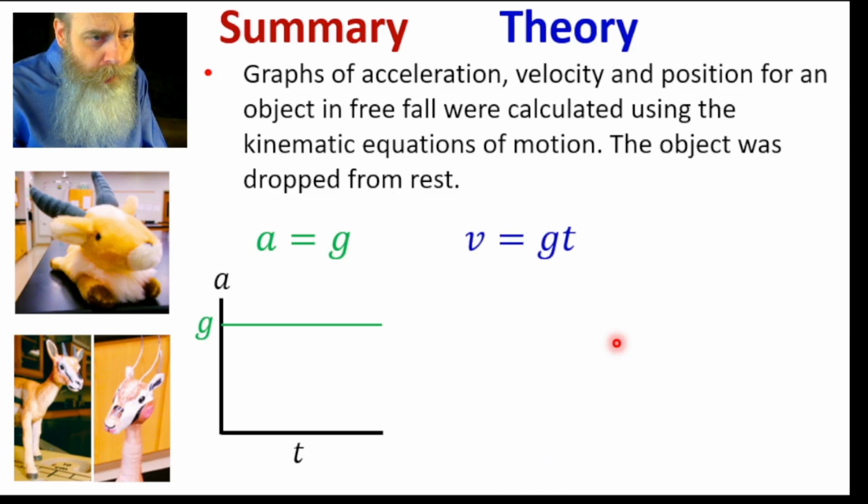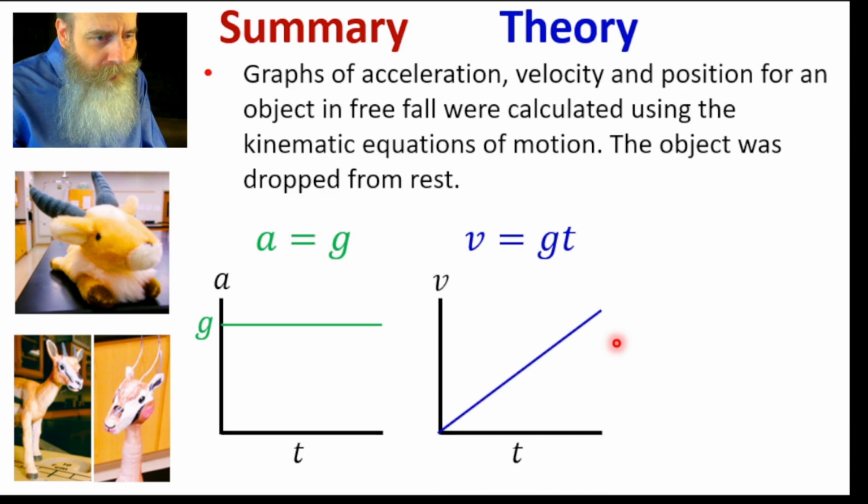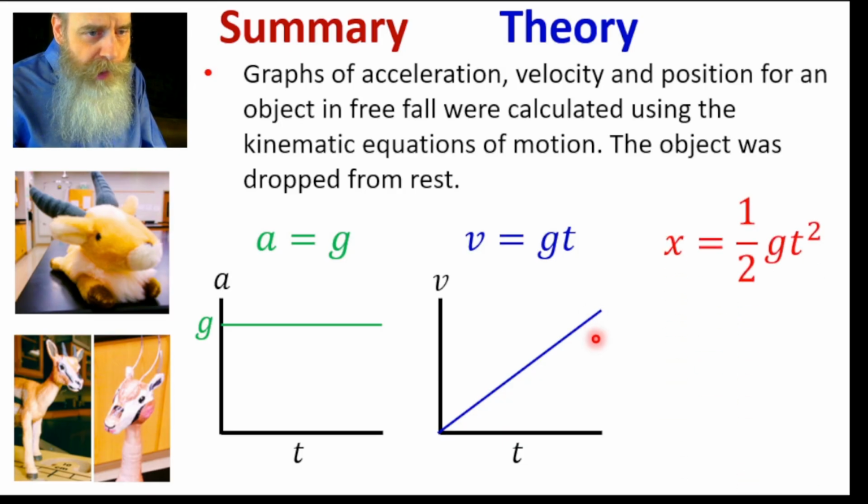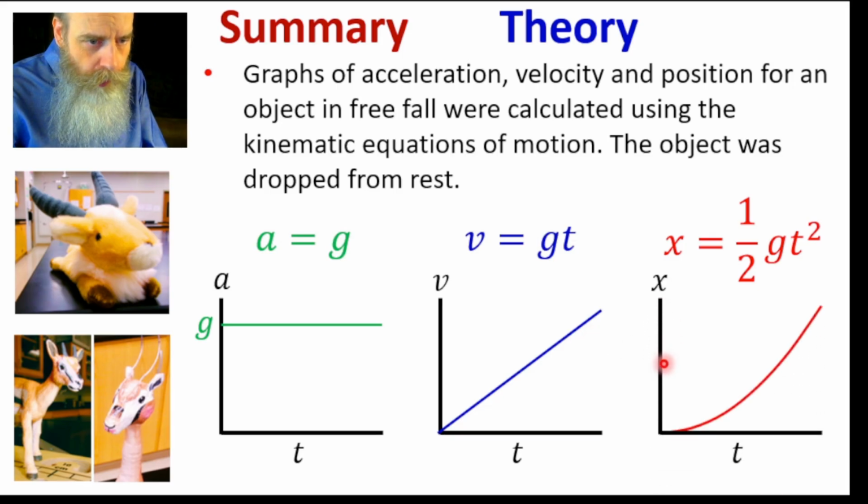Velocity, v equals gt, that's the linear function. So we got the straight line as shown here with a slope equal to g in our graph of v versus t. Position, x equals 1/2 gt squared. The graph looks like this. It's a parabola, starting at x equals 0 when t equals 0.